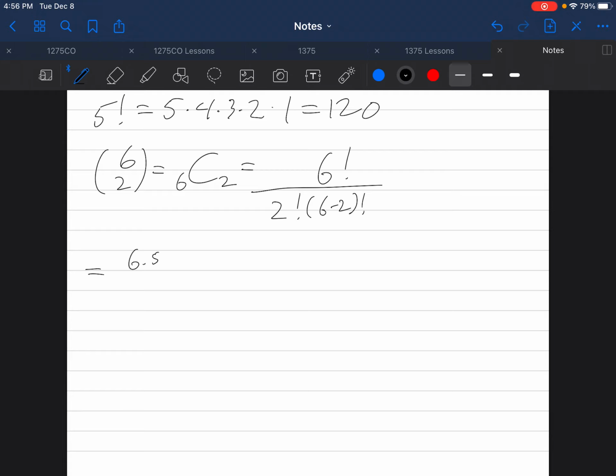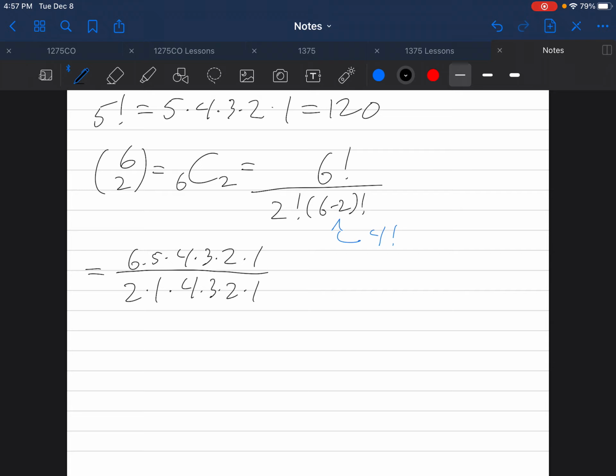So if we write out all our factorials, 6 times 5 times 4 times 3 times 2 times 1, over 2 times 1, which is this factorial. And this is going to be equal to 4 factorial, because in the parentheses 6 minus 2 is equal to 4. So that's going to become 4 times 3 times 2 times 1.